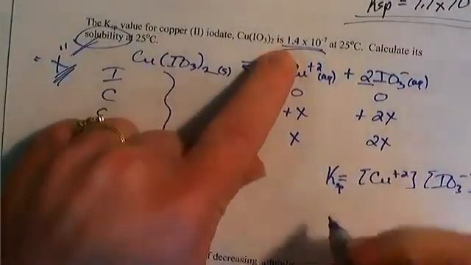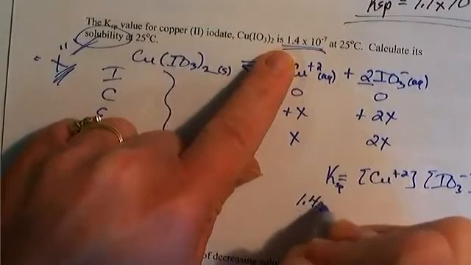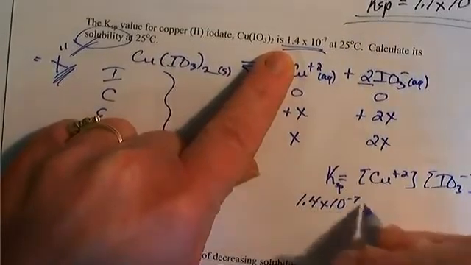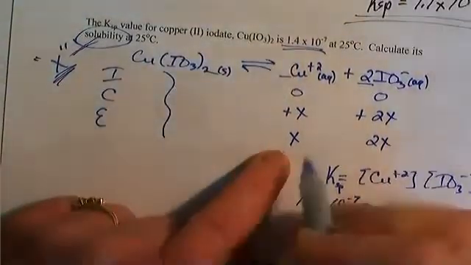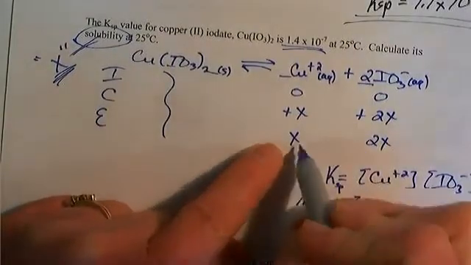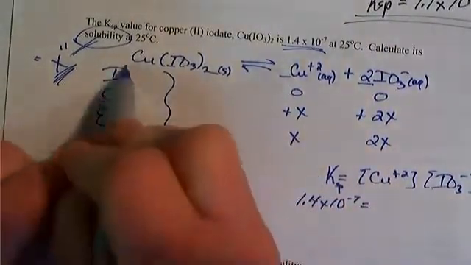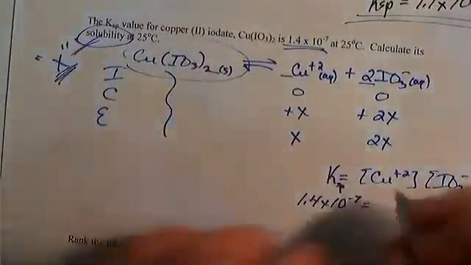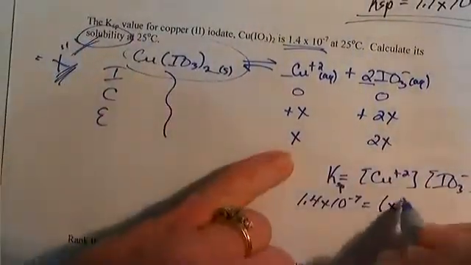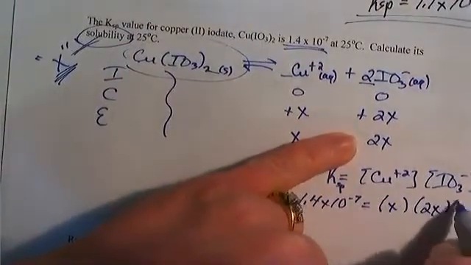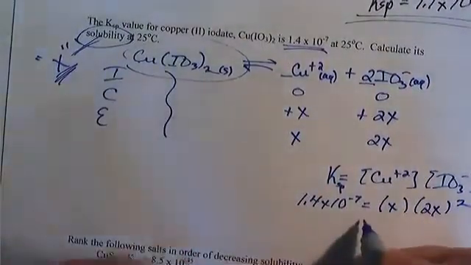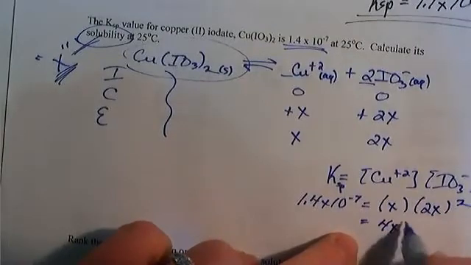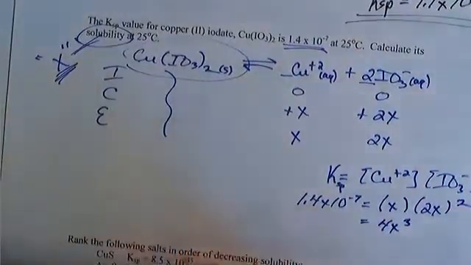Okay, the Ksp value is 1.4 times 10 to the minus 7th. So we just need to find our x. X reveals the amount of this that will yield that solubility. And so x and then 2x squared. If we want, we could go ahead and get that to be 4x cubed and then go from there.